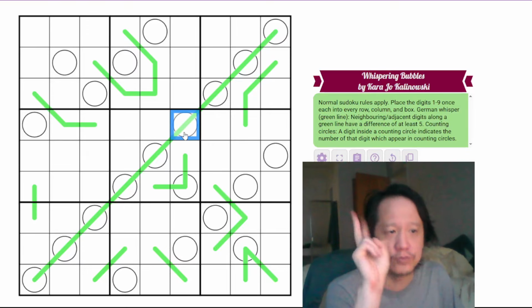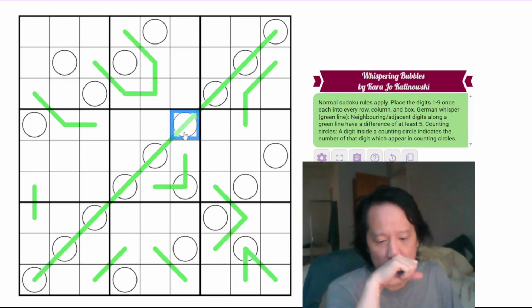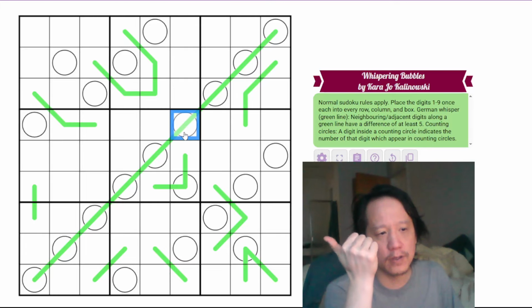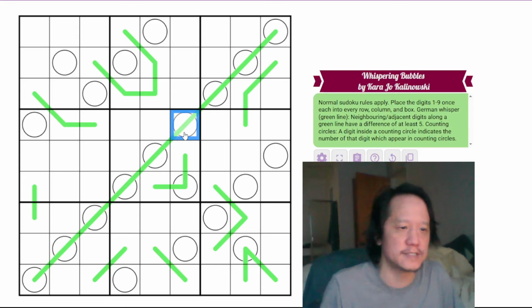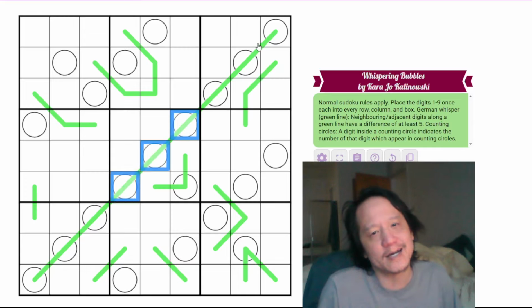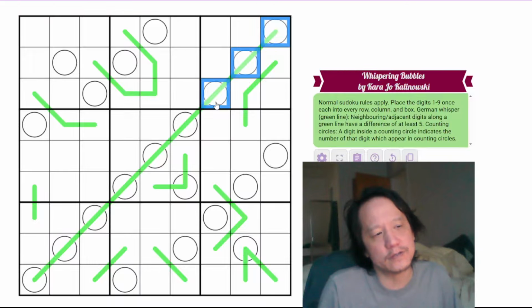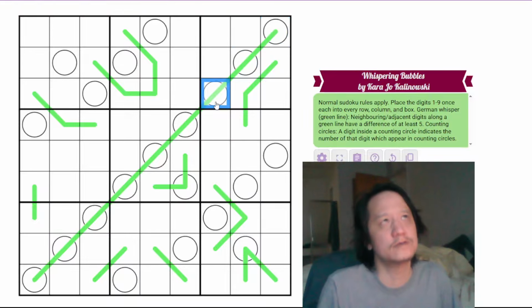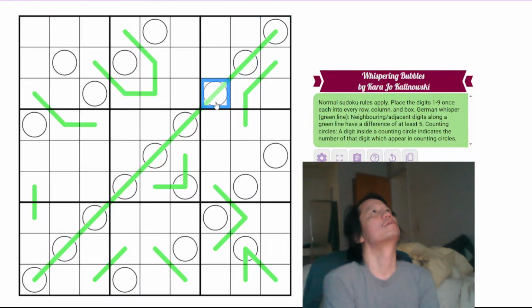You have to have at least 2 low digits in it. Well, if you have 6 and 7 multiple times here, the problem is, I guess you could have that. Can you?